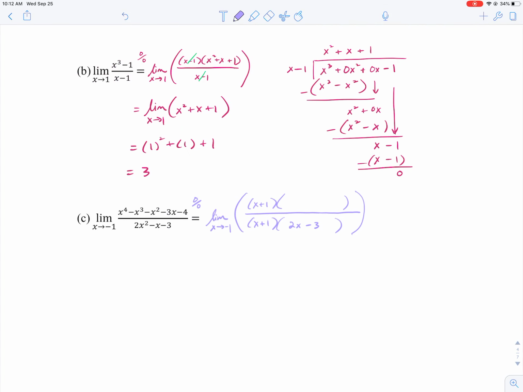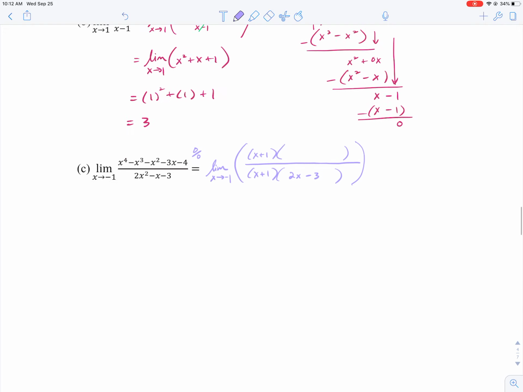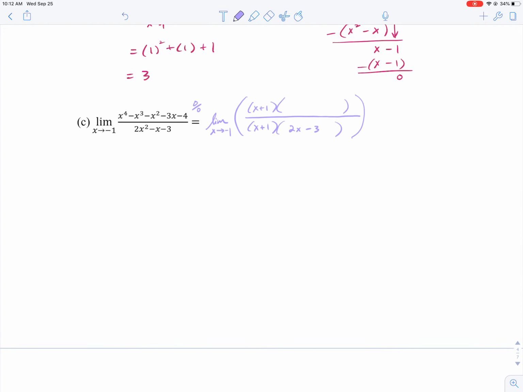And again, we can do polynomial long division. I don't really have room over there, so I'm going to do x plus 1. Or sorry, x to the 4th minus x cubed minus x squared minus 3x minus 4, no placeholders needed, divided by x plus 1.